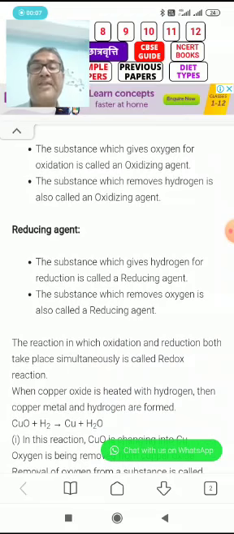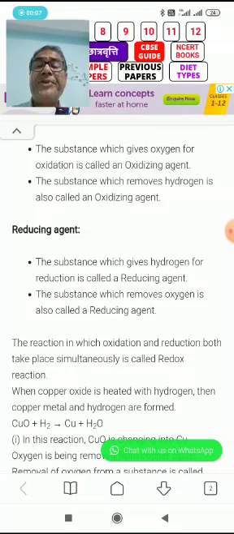Second one, reducing agent. A substance which reduces other substance by oxidizing itself is called reducing agent.